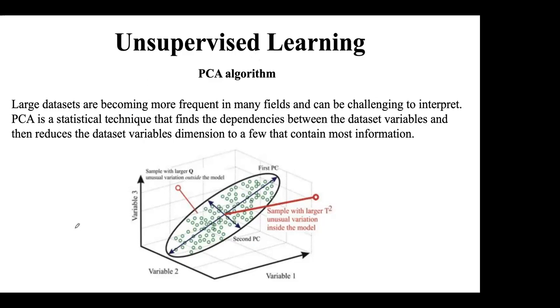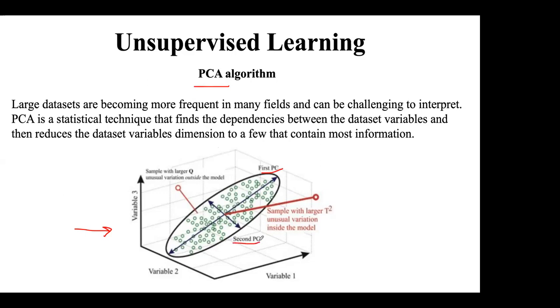For example, if you look at this example below, our dataset depends on three variables, variable number 1, 2, and 3. But by applying PCA, we are able to represent this dataset in a new representation, but this time with just two variables, which we call the first principal component and the second principal component.